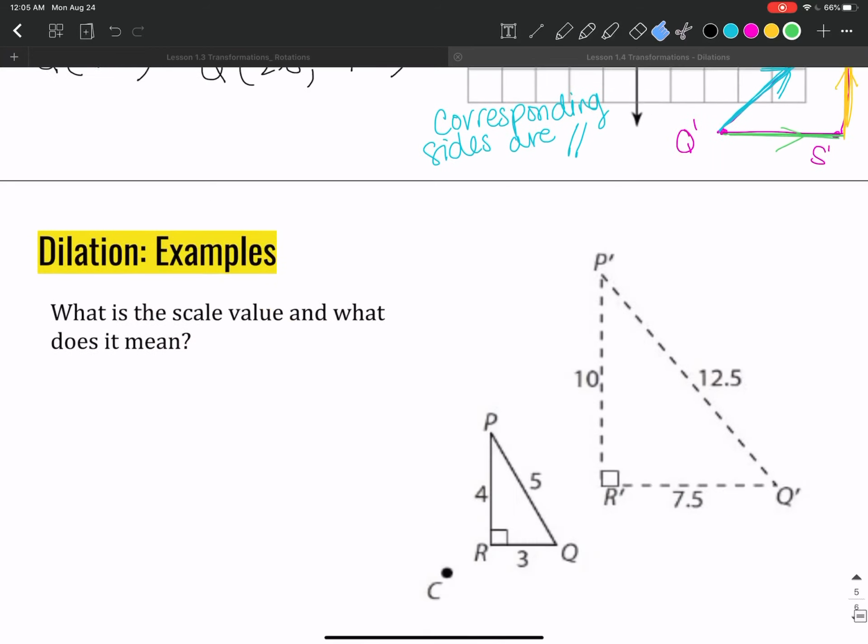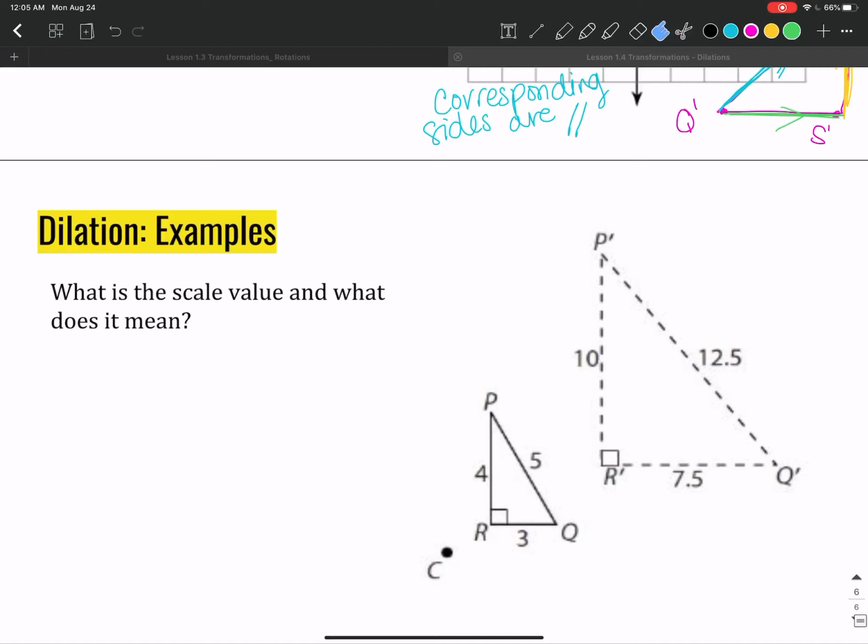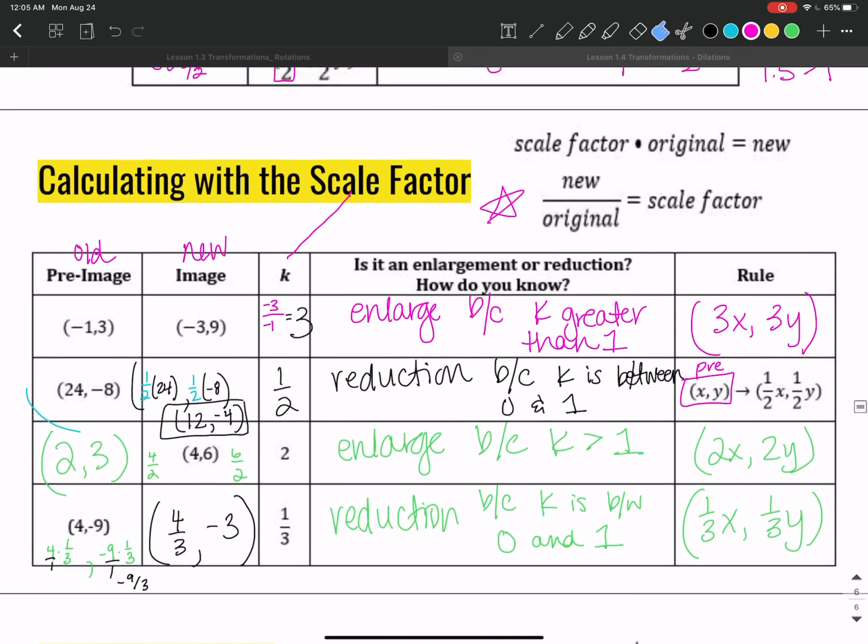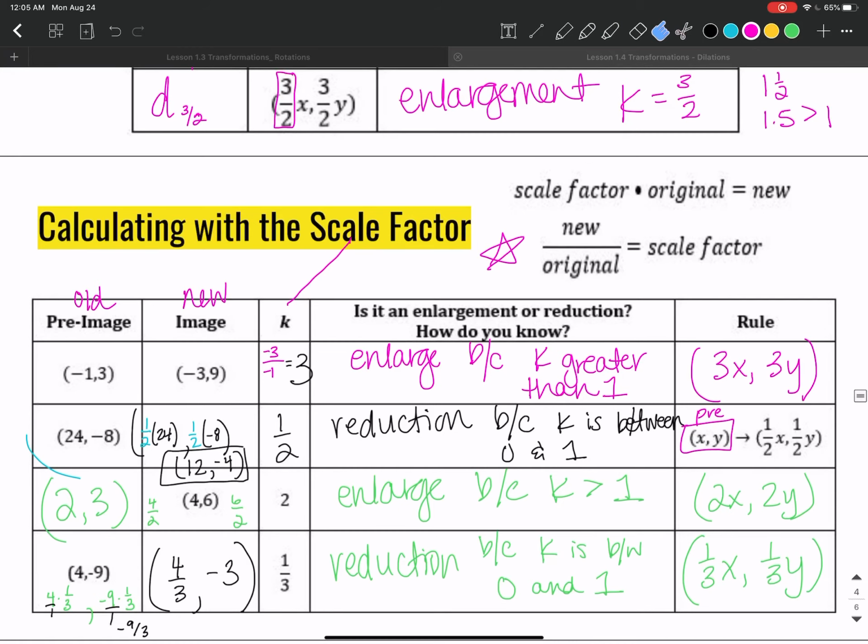All right, one last one. So we need to figure out the scale factor and what it means. Excuse me, that should not be scale value. That should be scale factor. Whoops, that's okay. So if you remember from before, our little formulas here, we said new divided by the old.